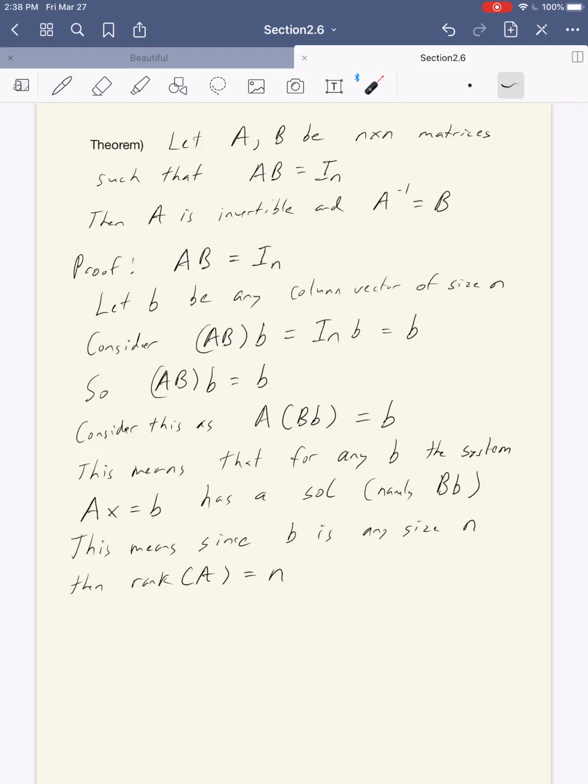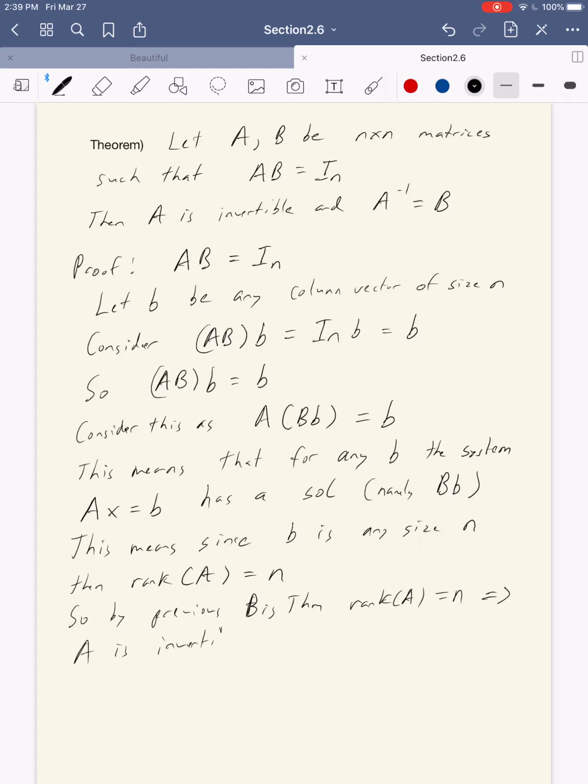If you did, there would be some choice of b that would be inconsistent, because when you augment with b, you'd be able to choose a b that gives you a higher rank. But all of them always have a solution, so the rank must be full. So by the previous big theorem, rank of A equals n implies A is invertible.